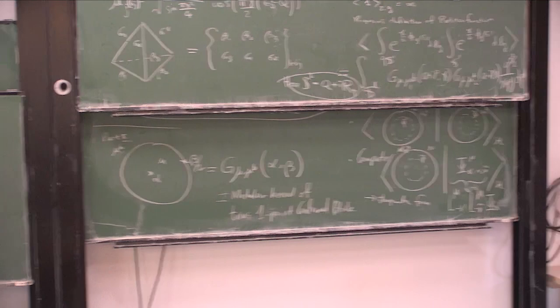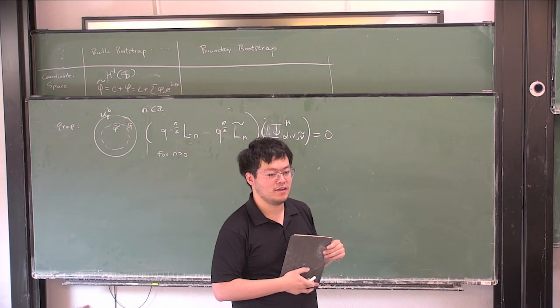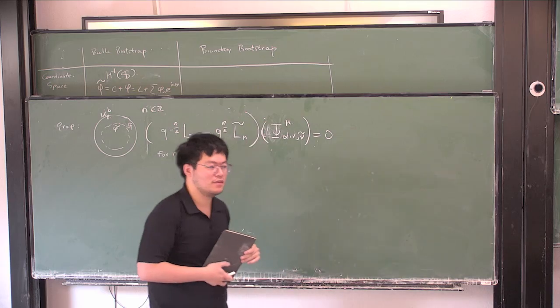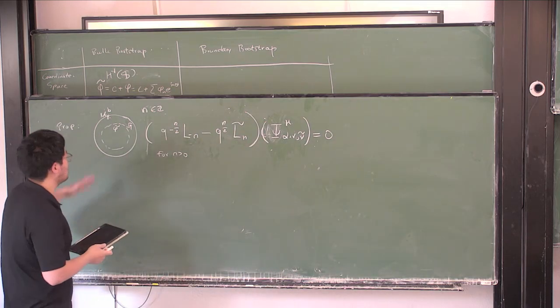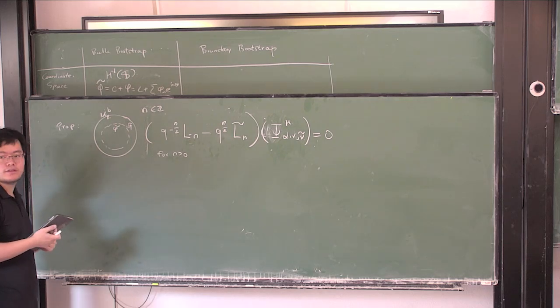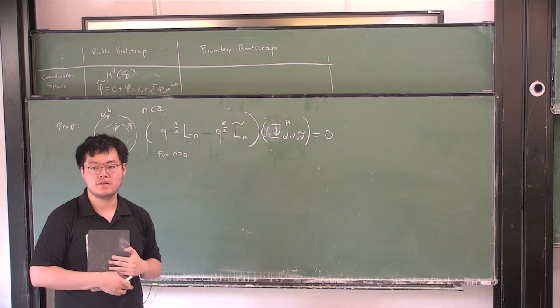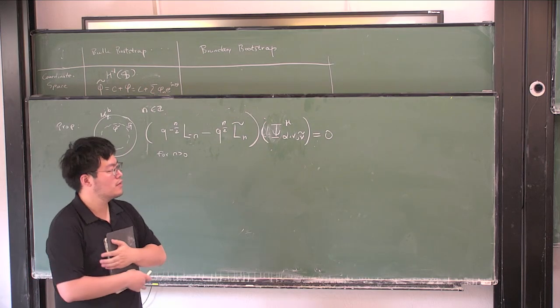Might be. Yes, it's because when you cut, you glue a disc with insertion in the middle, no? So this is where the G is coming from.